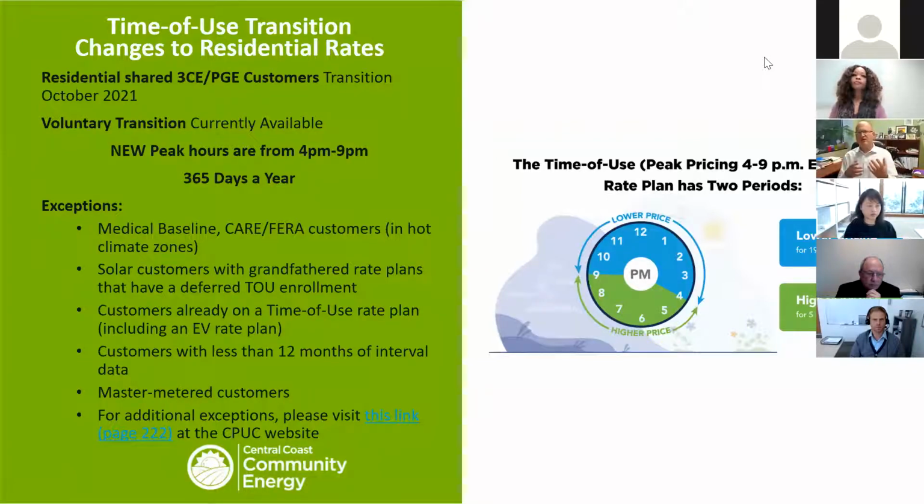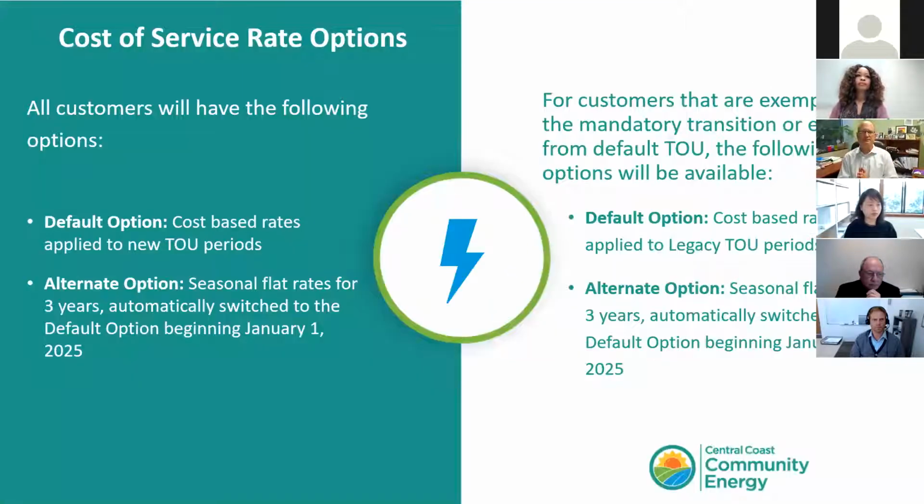There is a link embedded here to the California Public Utilities Commission website that has all these exemptions around this time of use transition. But generally speaking, everyone is going to be moving to that because it's reflective of the market as a whole. Next slide, please.